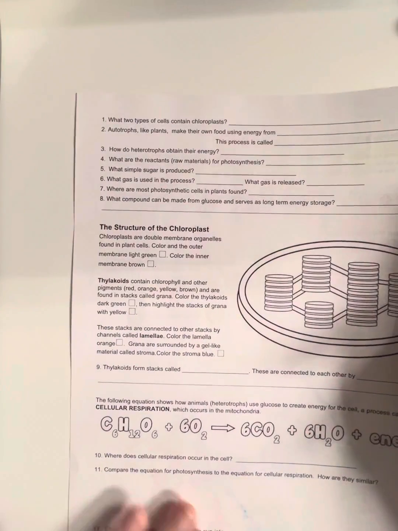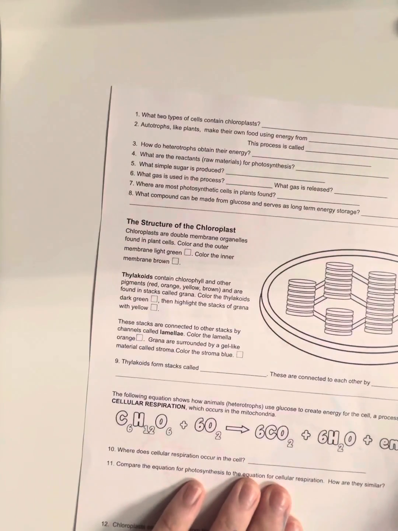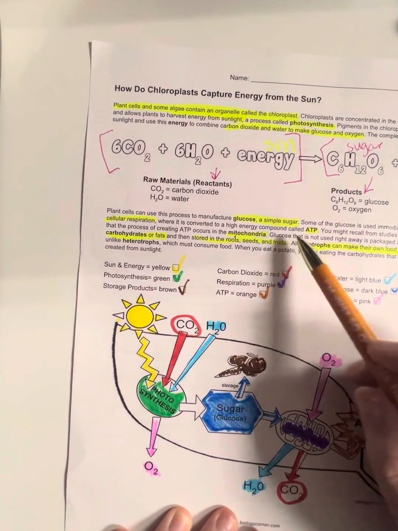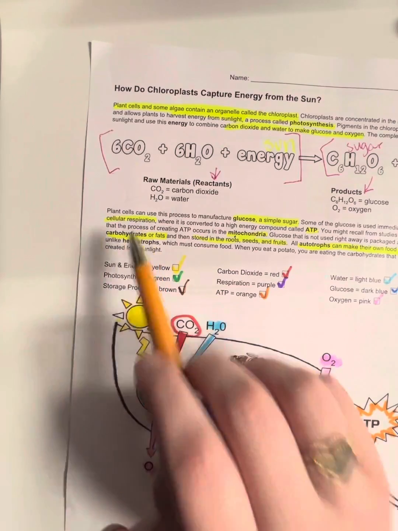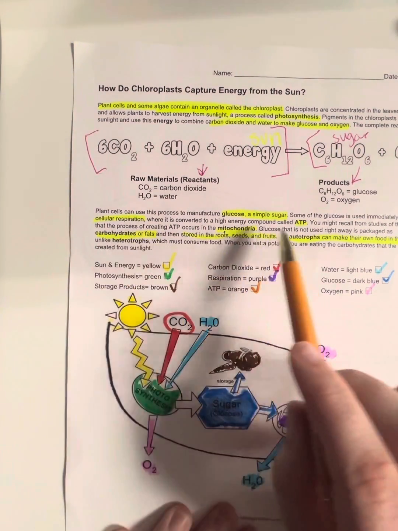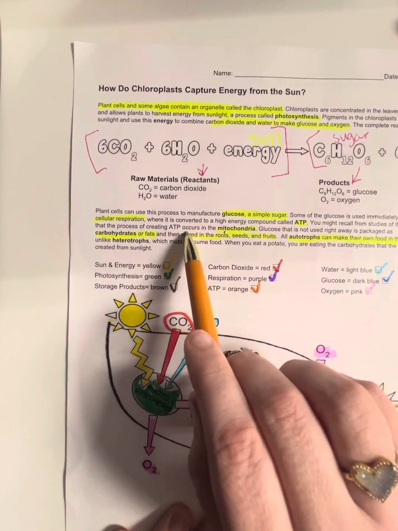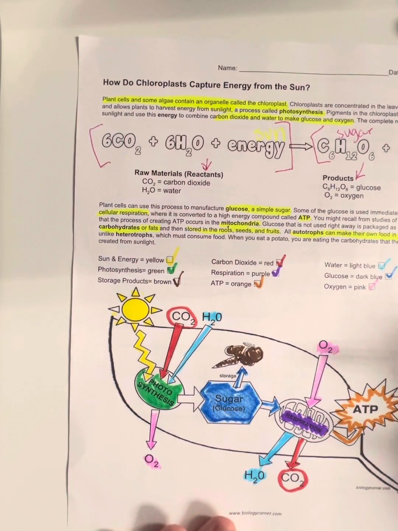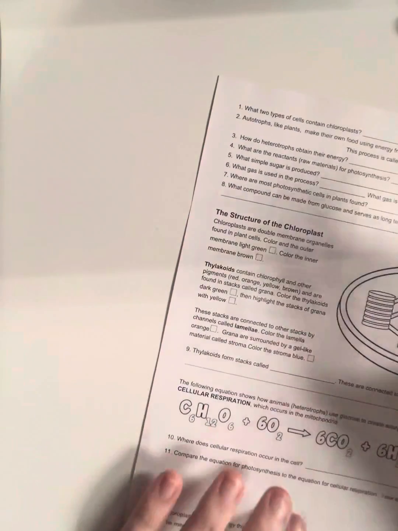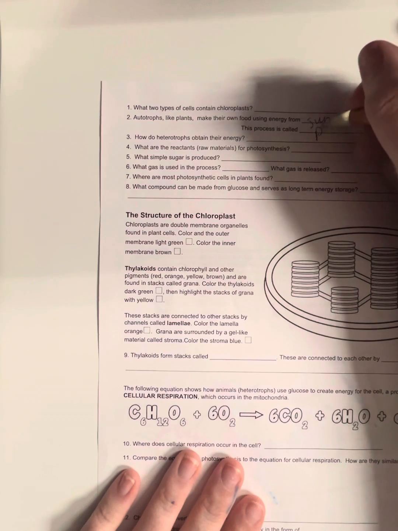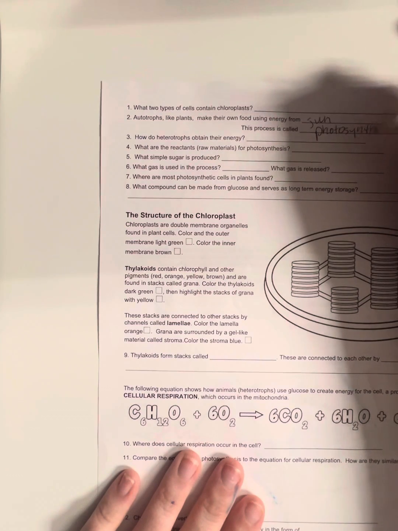And this process is called photosynthesis. I'm overthinking it. So they're making their own, using energy from the sun, and this process is called photosynthesis.